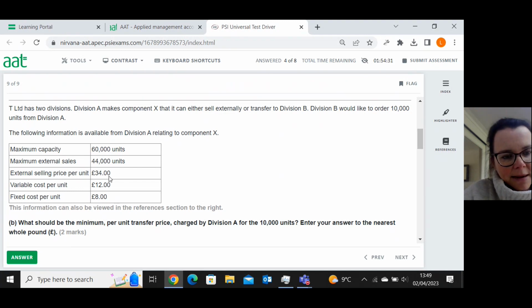The external selling price is £34, but they can only sell 44,000 units at that price. The cost of production is 20, but the marginal cost of production, the variable cost part, is only £12. The fixed costs are being incurred anyway, so we can exclude those from our consideration.